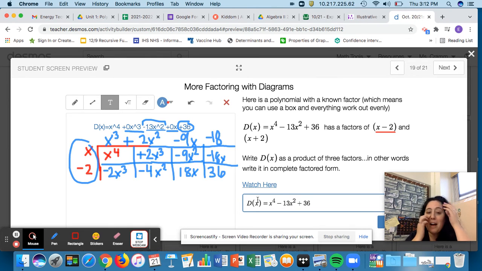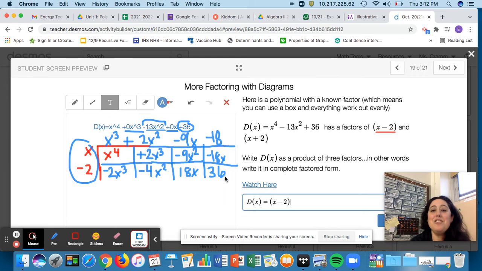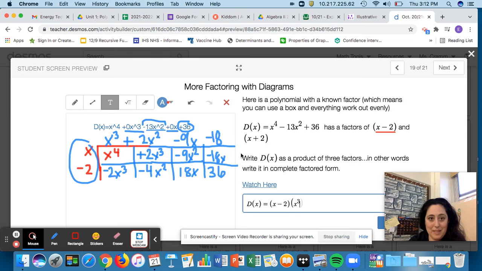Okay, so I started with this and I've realized that when I factor it with x minus 2, I have x minus 2, and then the new factor that I got up here. So now x to the third plus 2x squared minus 18.